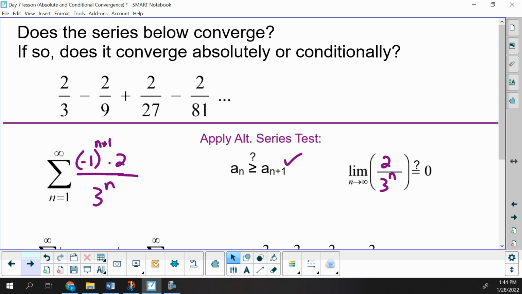Because remember, when we look at the limit, we don't worry about the negative signs, just the absolute value of those terms, the an's. And that denominator will get huge. Numerator stays as 2, so that will approach 0. So we can say that this series converges by the alternating series test.